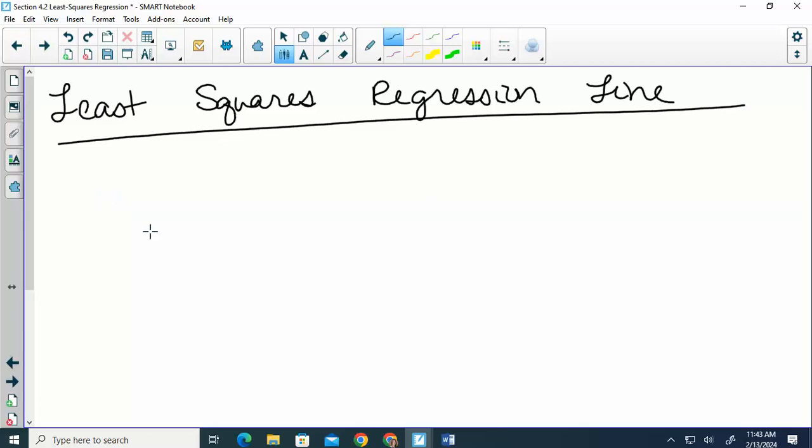So it is just a line. It's typically called y hat for the regression line. And it's just a y equals mx plus b. But there's formulas for these. So your slope is r. Where have we seen r before? The correlation coefficient from yesterday.